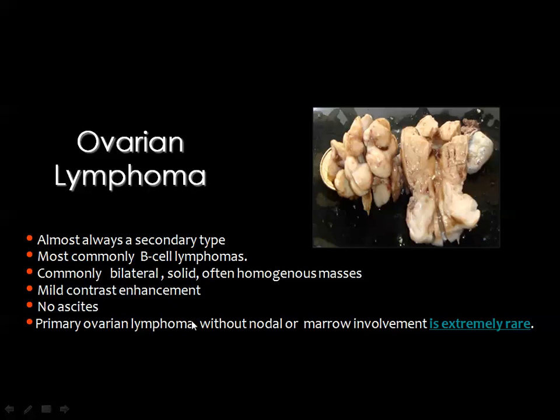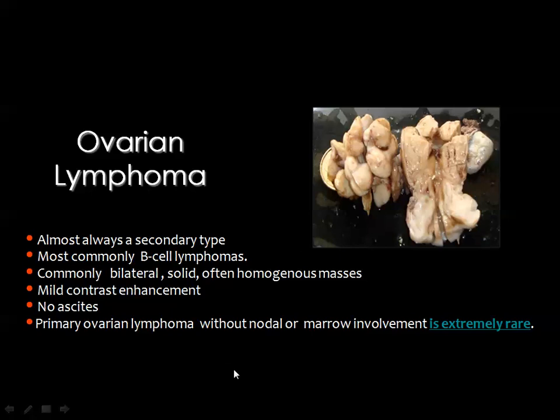Then ovarian lymphoma may simulate the Krukenberg tumor. But in cases of Krukenberg, there is a primary malignancy responsible for these ovarian metastases. And in cases of ovarian lymphoma, you may find in the clinical history a lymphoma elsewhere in the body as well.